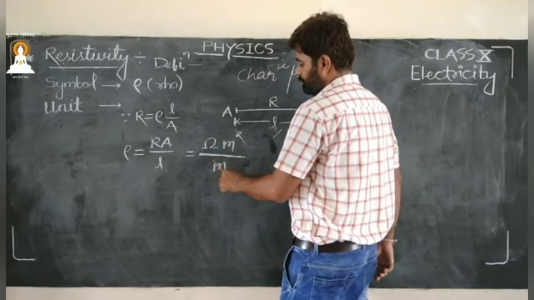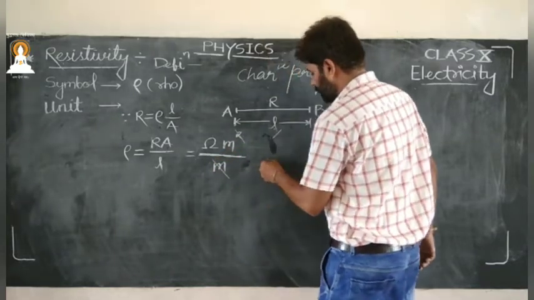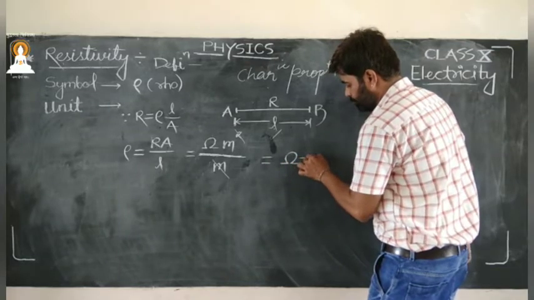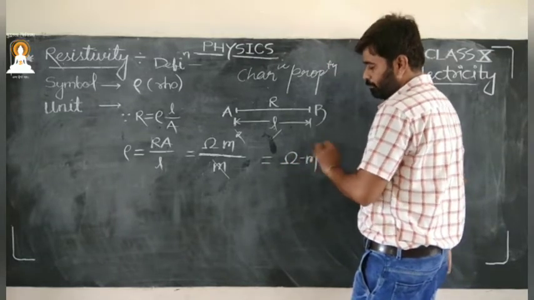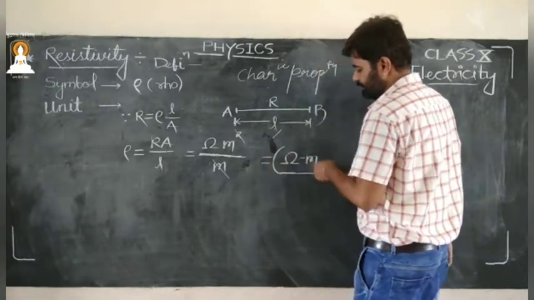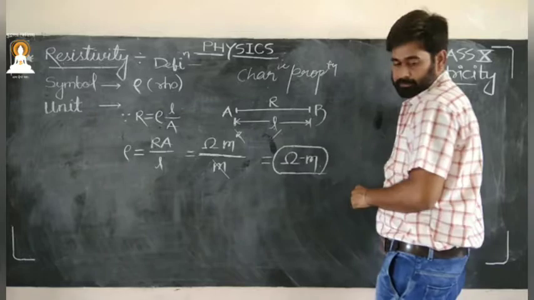So one meter cancels out, and we are left with ohm meter. It is not minus, it is ohm meter. So the unit of resistivity is ohm meter.